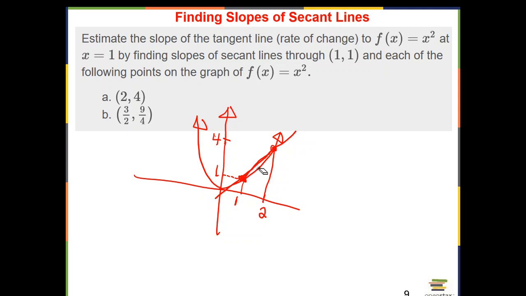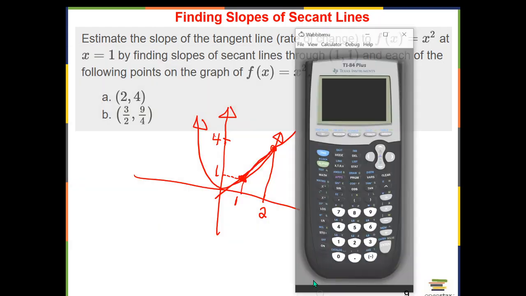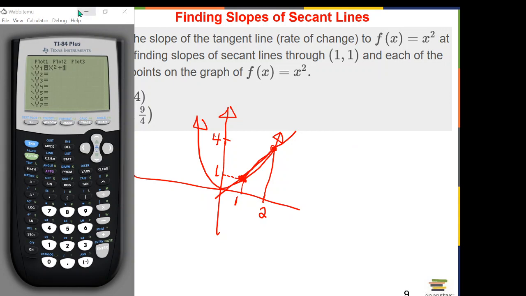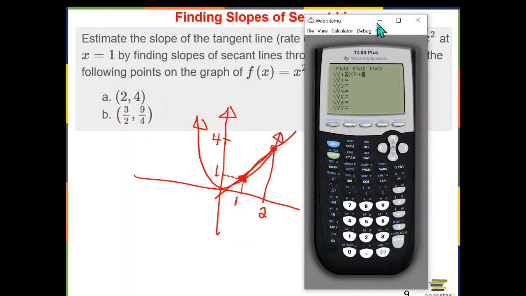Well, I can use a calculator, right? I can put this in y1 just like I just did. So I'm just going to put that x squared there. So let me delete that. Let me delete the 1 there. So that's x squared.